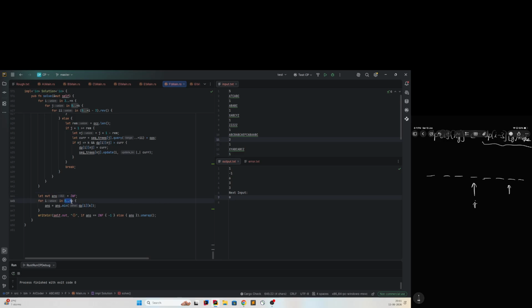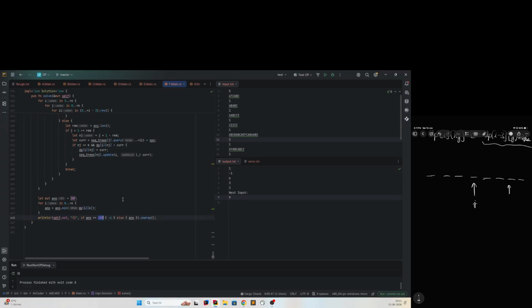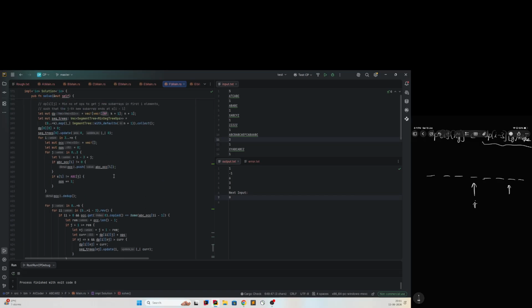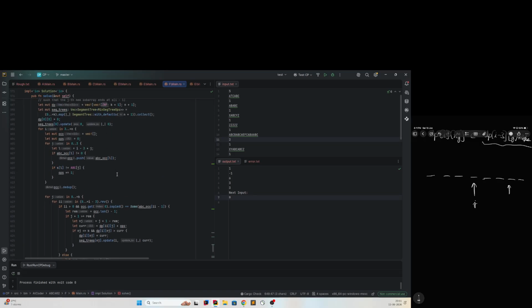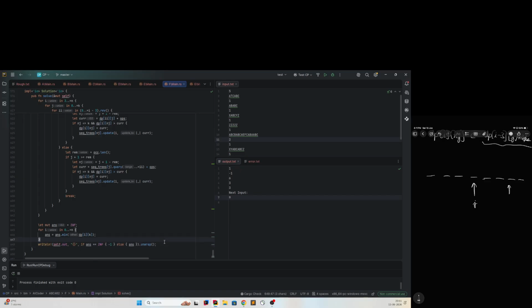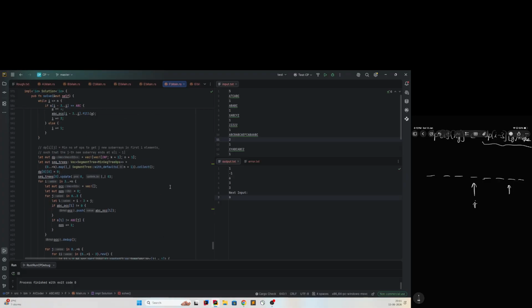So we iterate over all the values and check the minimum of dp of i, k over all indices where we get k new substrings, and then we print the answer accordingly. Since we have to print minimum operations, I initialize it with infinite. If it is infinite at the end also, that means we cannot do it. So yeah, that is the idea.